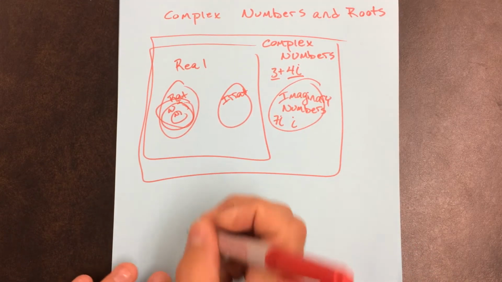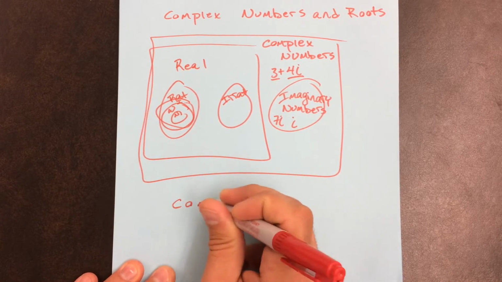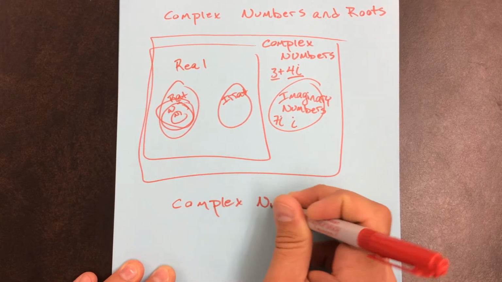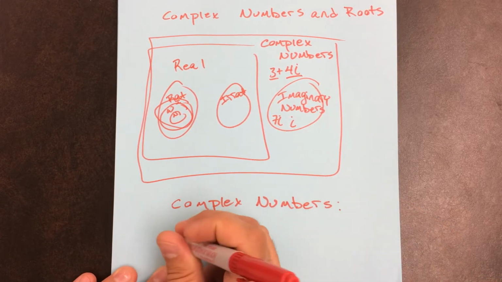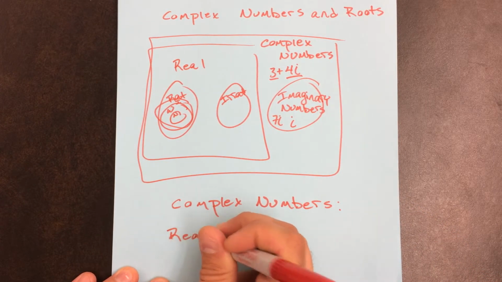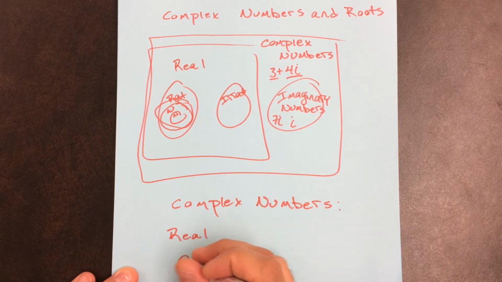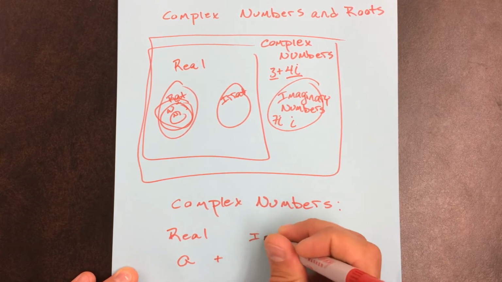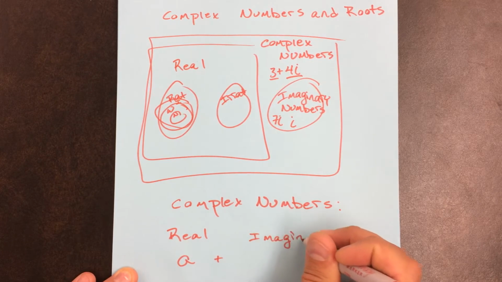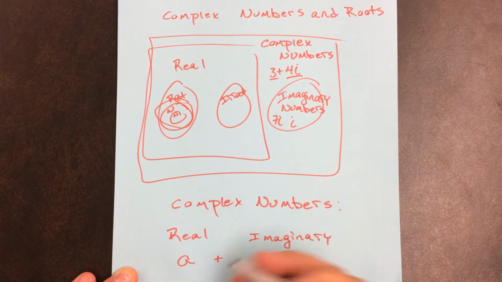Okay? So a complex number first is made up of two parts. It has a real part, which they call the a value, plus, and it can be minus, an imaginary part, which they call b times i.